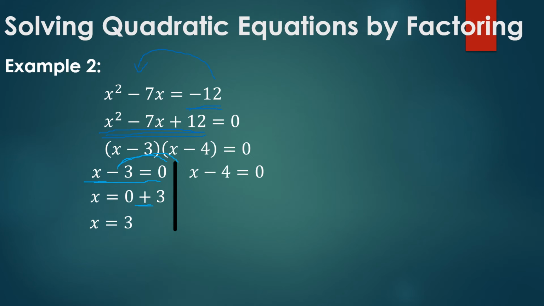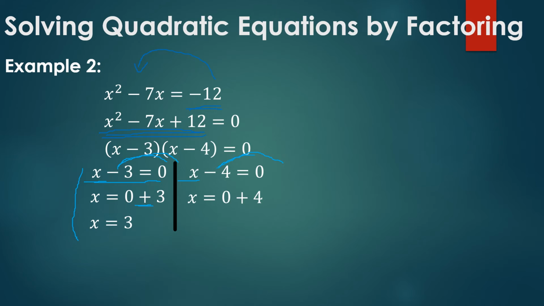How about this one? Parehas lang ng ginawa natin dito sa una. We are going to transpose negative 4 to the right side of the equation para ma-isolate si x sa left side at mahanap natin ano ang value ni x in the equation. So we have x is equal to 0 plus 4.